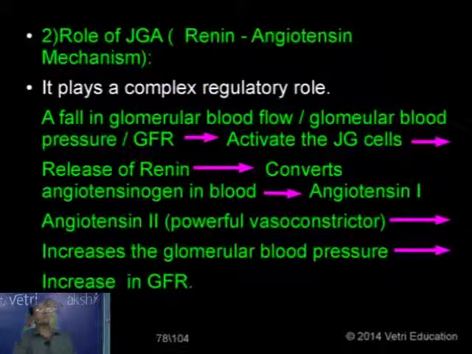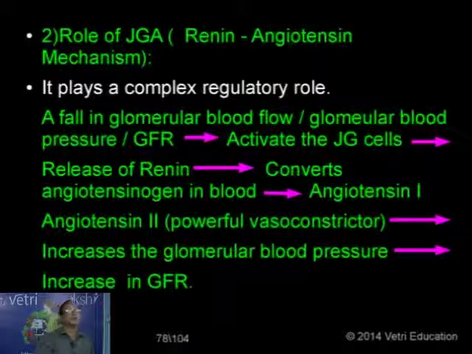Now the second one: what is the role of the juxtaglomerular apparatus? I mentioned the JGA is a complex sensitive structure found in the kidney, formed of juxtaglomerular cells of the afferent arteriole, macula densa of the tubular epithelium of the distal convoluted tubule, and also Lacis cells present at the vascular angle formed by the afferent arteriole.